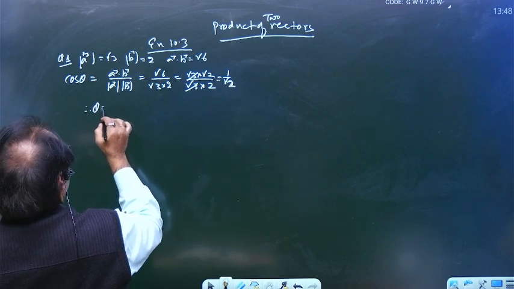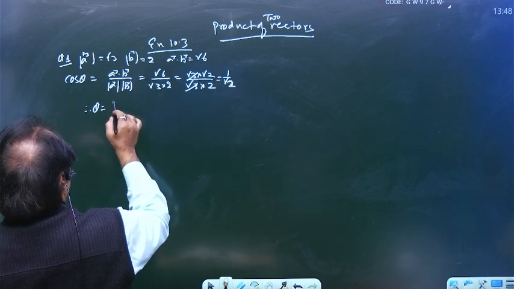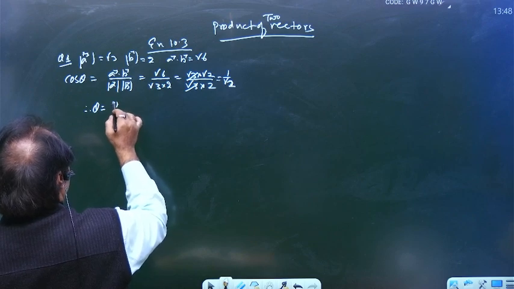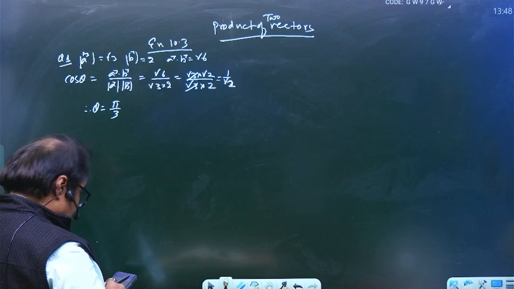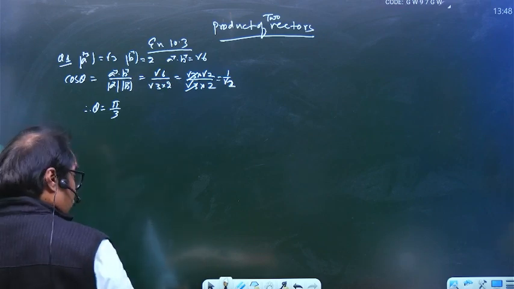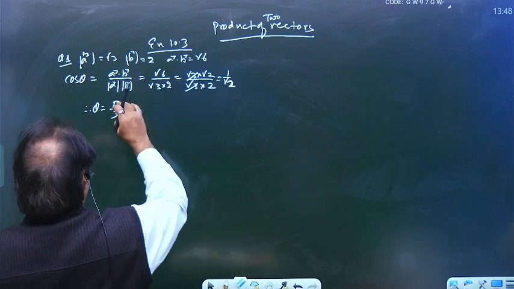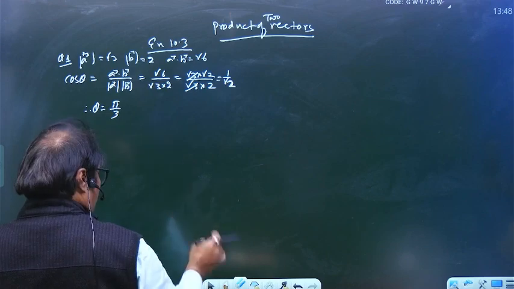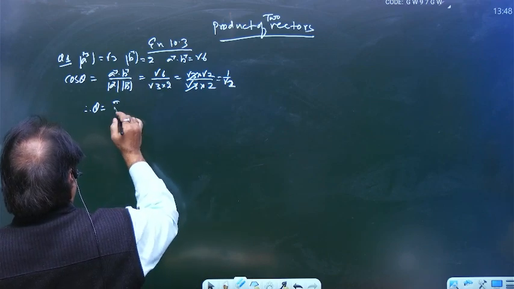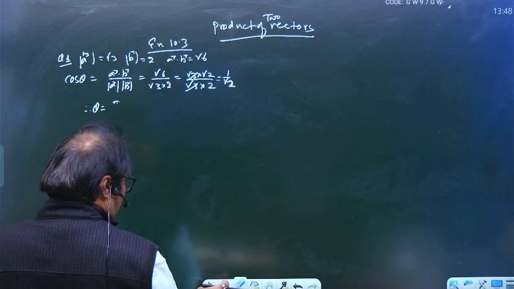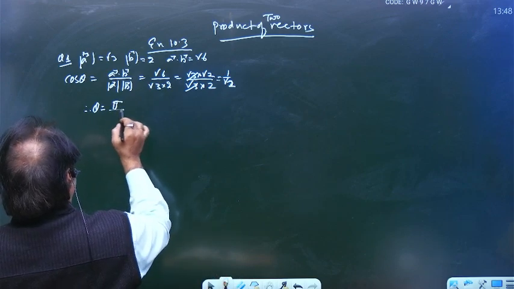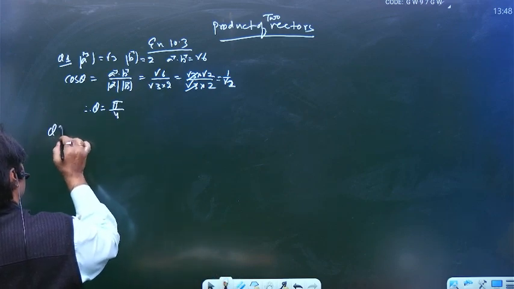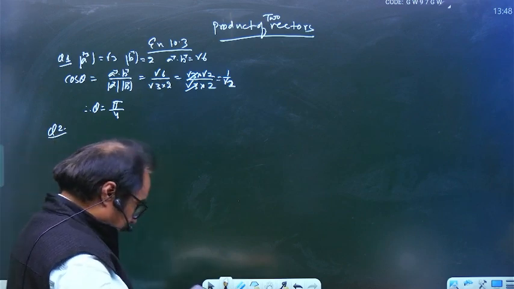So what about theta? It is 1 by root 2, so it should be pi by 4, because cos 45 degrees, pi by 4, is equal to 1 by root 2. So theta is equal to pi by 4. So this was question number 1.